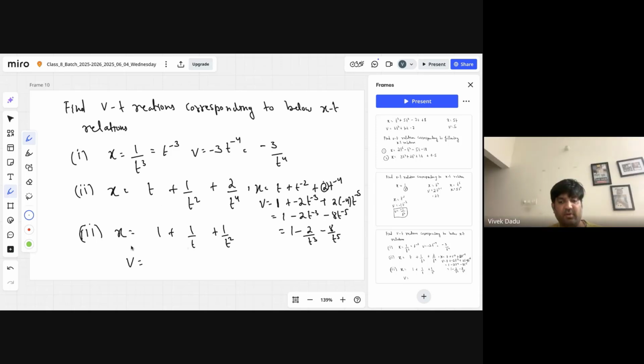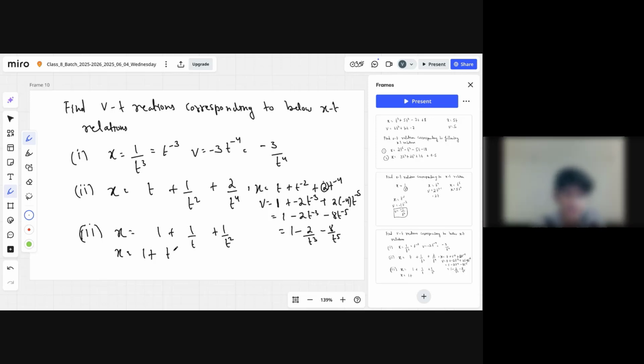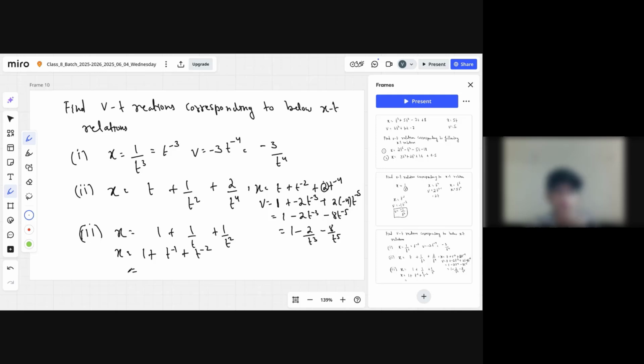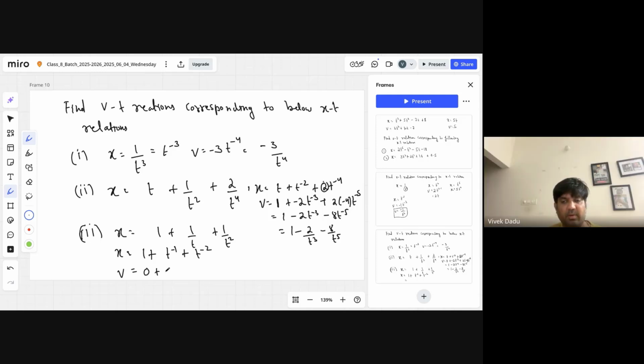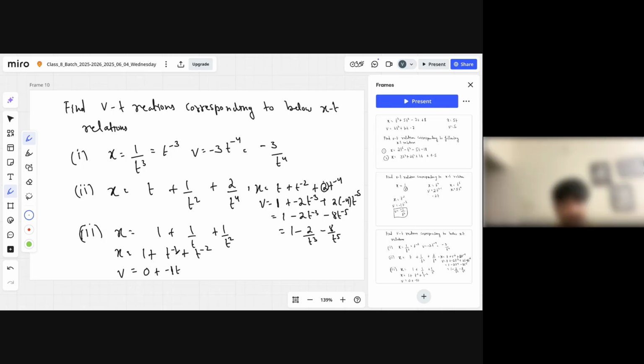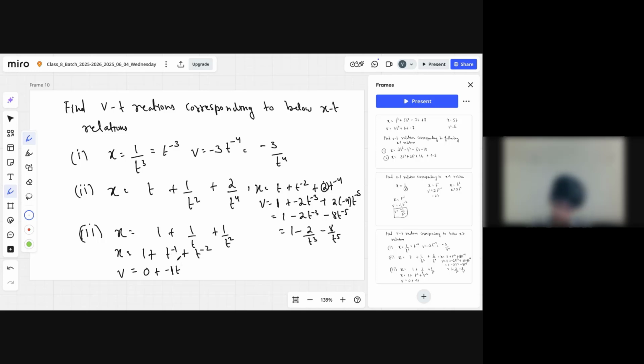Arihant, for third one you do with me. First write negative powers. 1 plus, Arihant, what? Sir, my 2 power plus t power minus 2. What happens to 1? It becomes 0. What happens to t power minus 1? Minus 1 comes in front. Minus 1 t power, 1 minus 1, 2, no, minus 2.